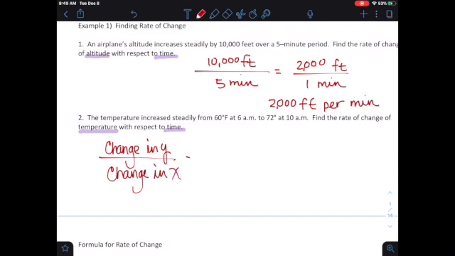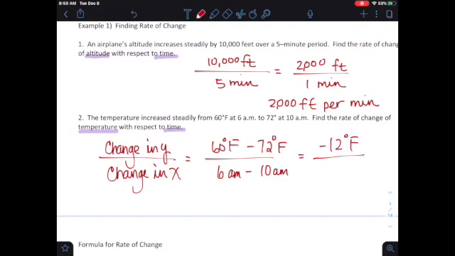So what I'm going to do is say 60 degrees Fahrenheit went up to 72 degrees Fahrenheit, and then 6 a.m. minus 10 a.m. So in this case, you have negative 12 degrees Fahrenheit over negative 4 hours.